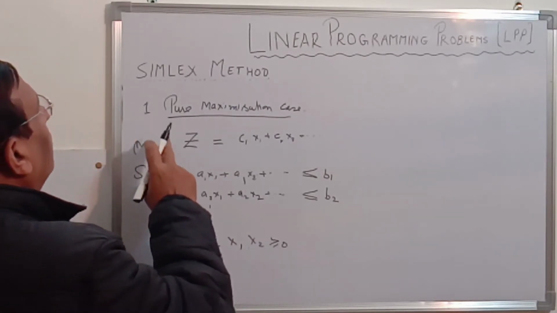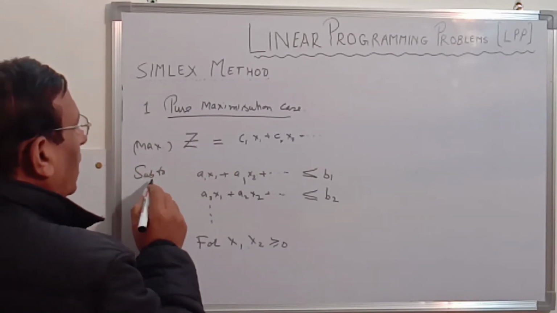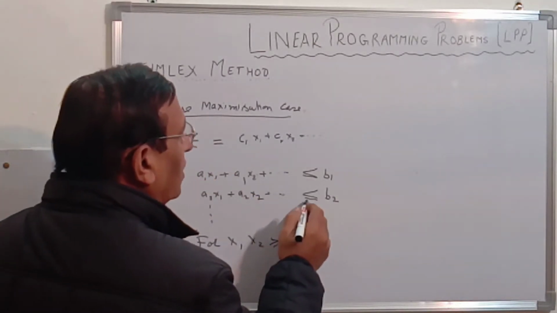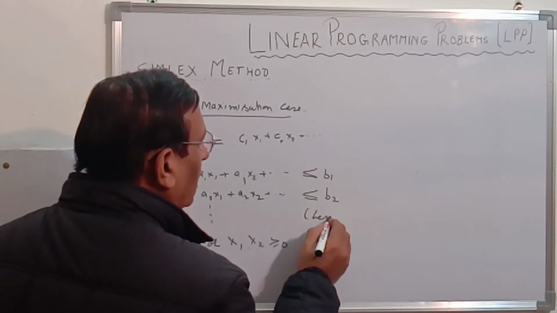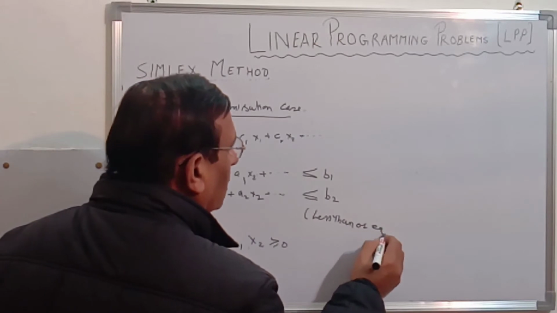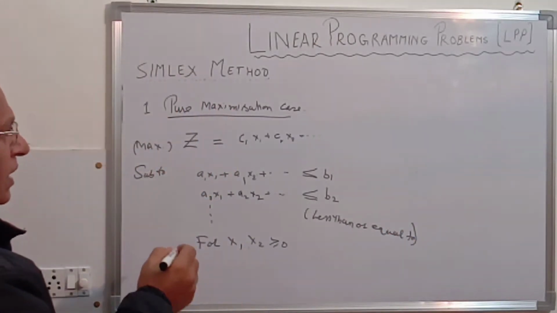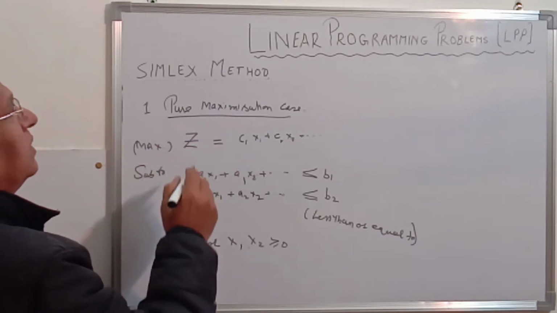So when the objective function z is to maximize and all the constraints are less than or equal to type, this is called less than or equal to type, then this is called the pure maximization case.